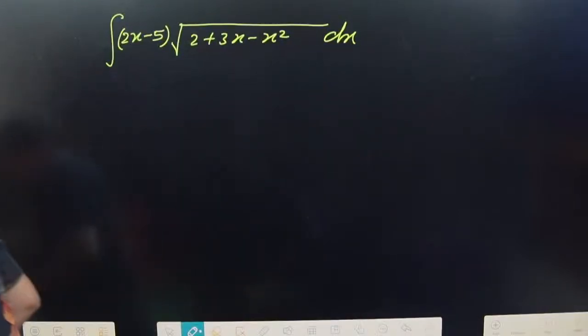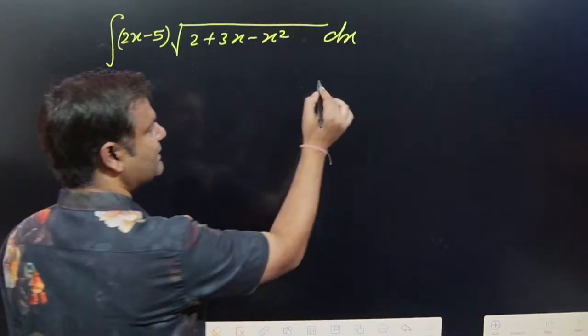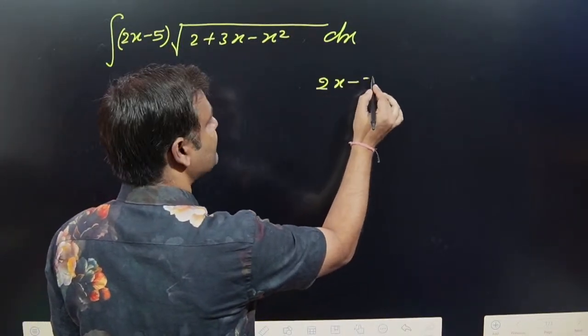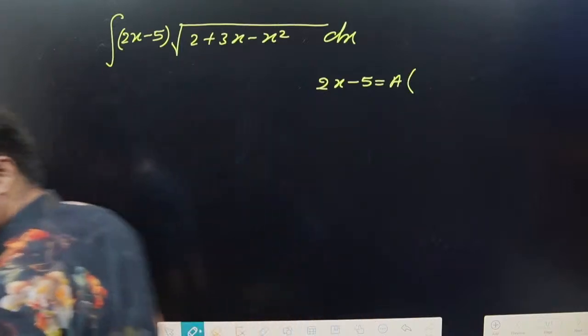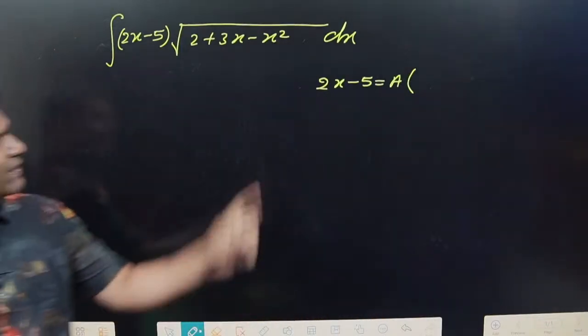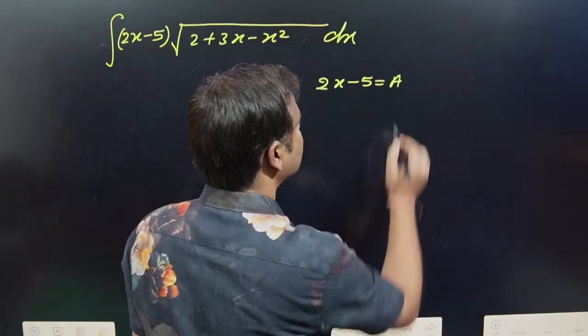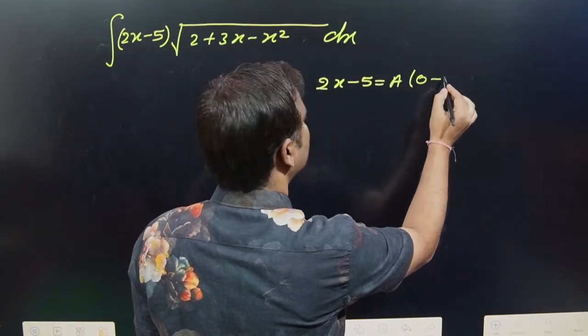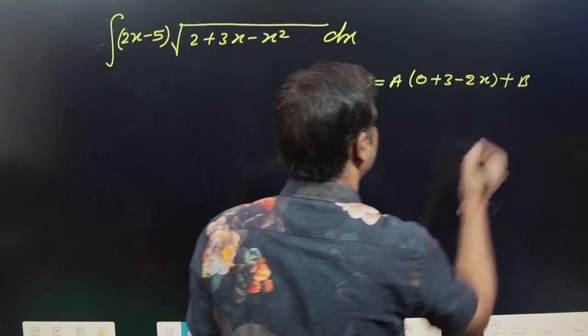How can we solve? Look here very carefully. 2x minus 5 is a into the differentiation of this one, 0 plus 3 minus 2x, plus b.